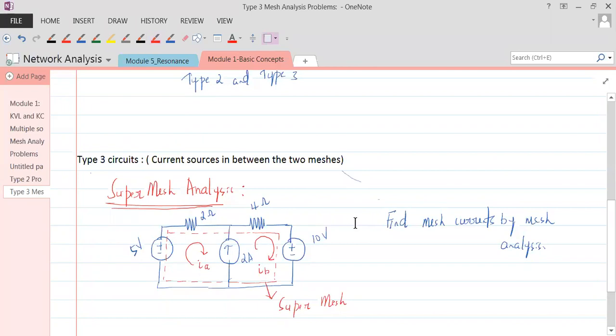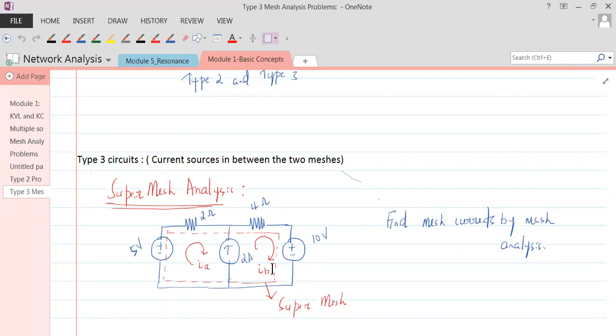Now, instead of applying KVL to mesh 1 or mesh 2, we have to apply KVL to the super mesh. Everybody understand why we are forming the super mesh in the first place? Because there is a current source in between the two meshes. So find those two meshes in between which you have a current source and combine them into one super mesh.